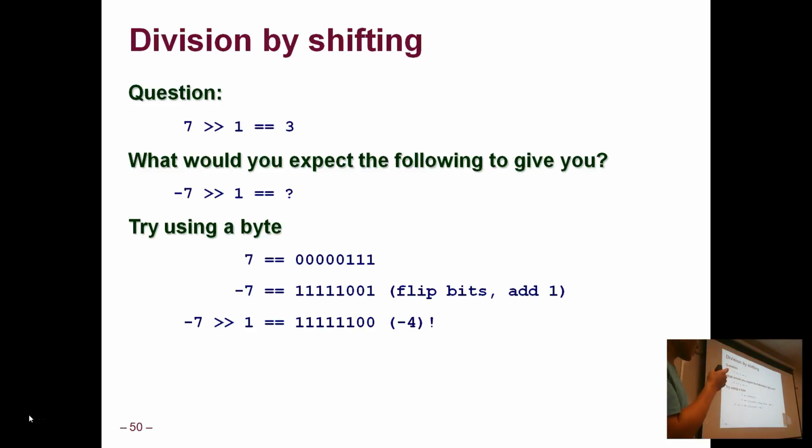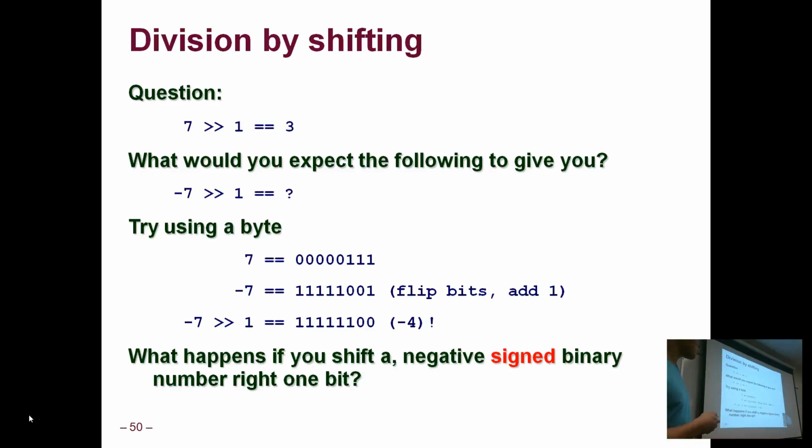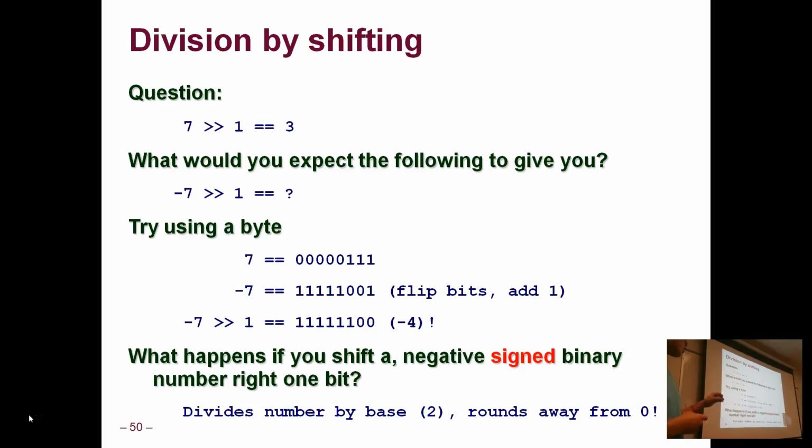Now here is why this is strange. When you shift a negative signed binary number right 1 bit, you're going to divide the number by the base, but then you round away from 0. It doesn't round towards 0. When it's a positive number, you round towards 0, but when it's a negative number, you'd wonder why it doesn't round towards 0 too.